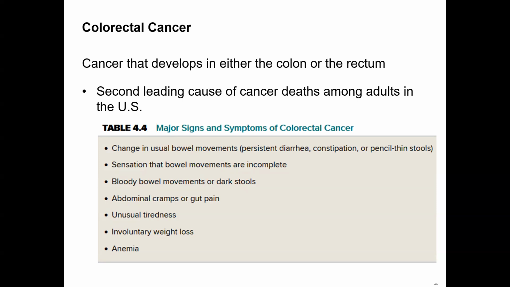Table 4 has some of the major signs and symptoms, such as change in usual bowel movement, sensation the bowel movements are incomplete, bloody bowel movements and or dark stools, indicating perhaps an ulcer that's causing some bleeding, long-term abdominal cramping, fatigue or tiredness, weight loss, and anemia.